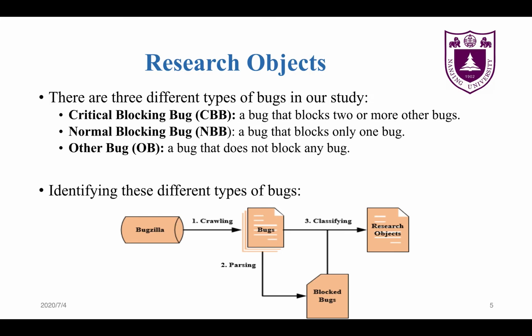In order to get these types of bugs, first we clone the bug information from bug data and parse the blocks tag in the bug information to get which bugs are blocked by this bug, which are called blocked bugs. Finally, we determine the 3 types of bugs according to the number of blocked bugs.